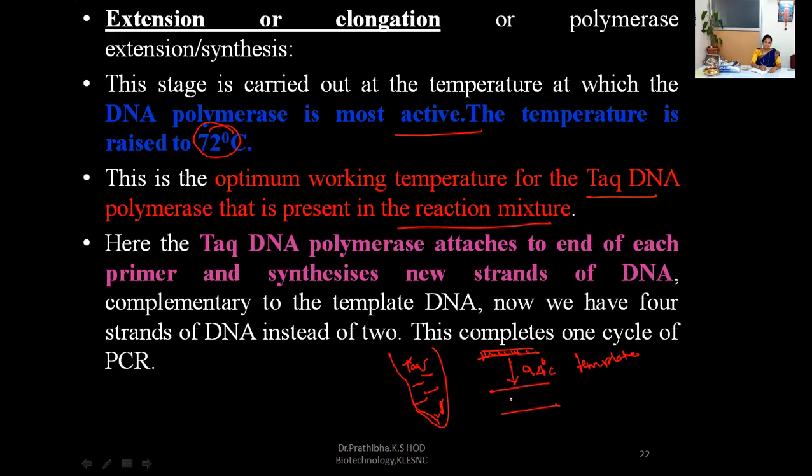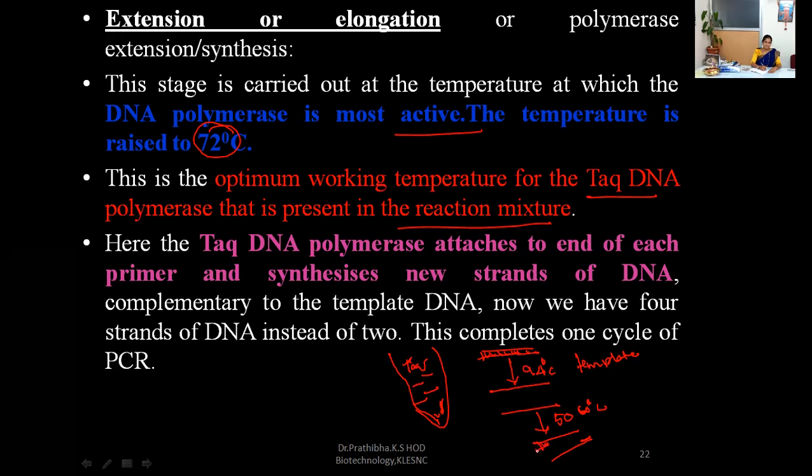To avoid these two DNA molecules rebinding, the instrument is reduced to a temperature of 50 to 60 degrees Celsius. At this particular temperature, what happens? The primers go and attach to the 3' hydroxyl group at both ends of both strands of the template DNA molecule.